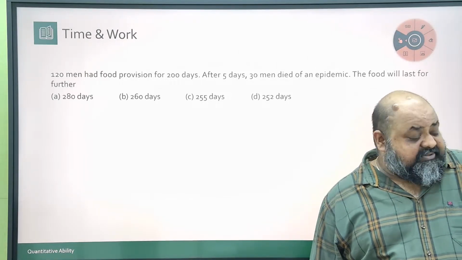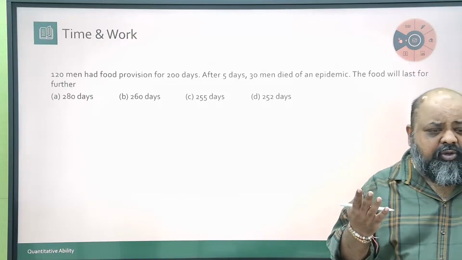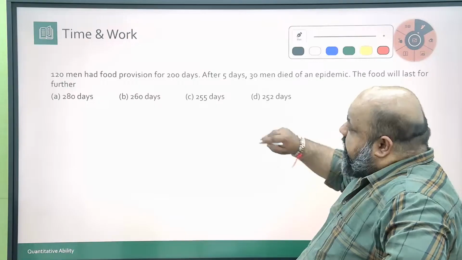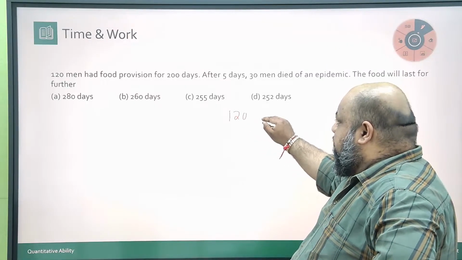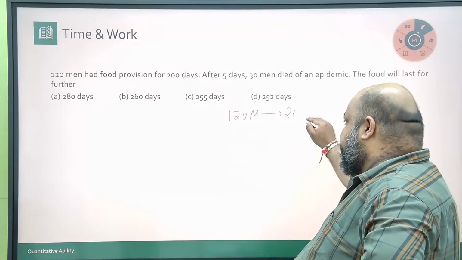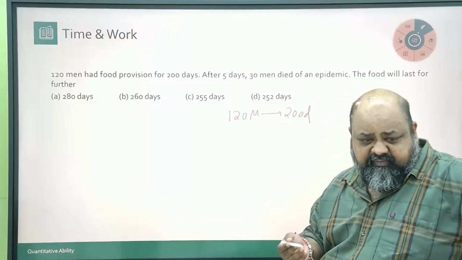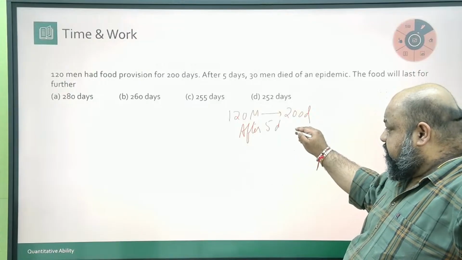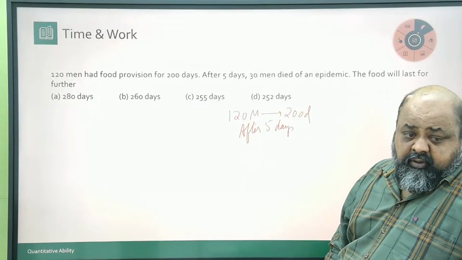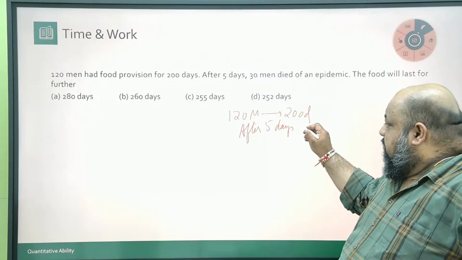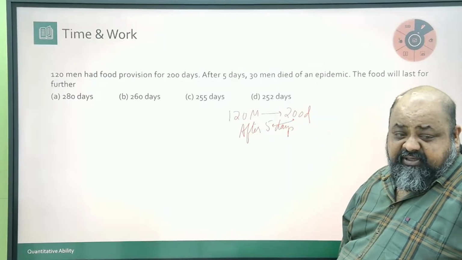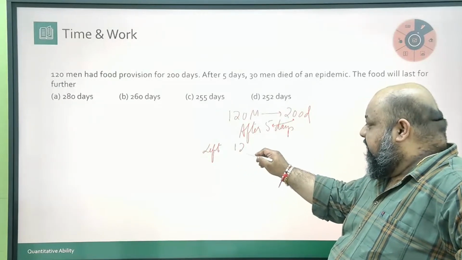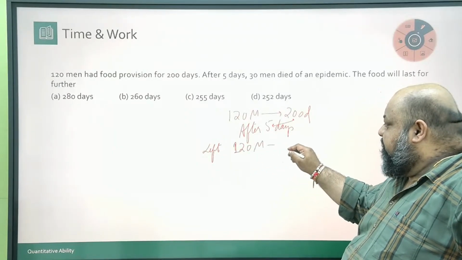So here I'm saying there are two approaches. First is, see, 120 men had provisions for 200 days. They started consuming the provisions. What will happen after 5 days? How much food will be left? At this point, out of 200 days, 5 days worth of food has been consumed. So the food now left is for 120 men, and they can have this food for 195 days.